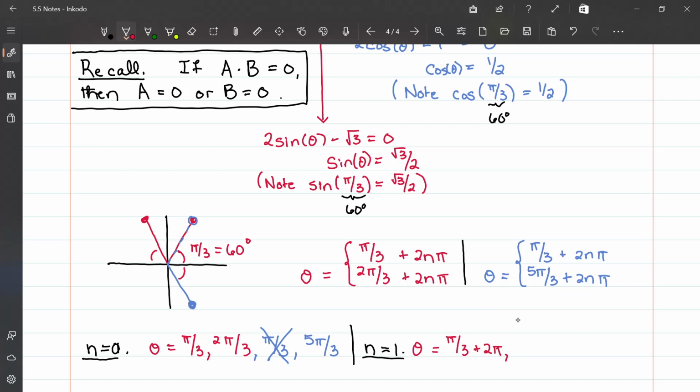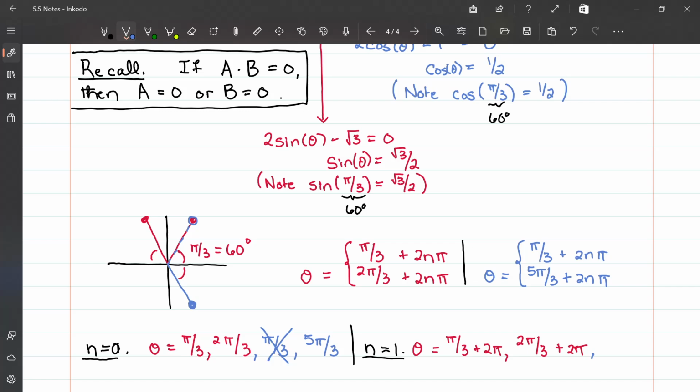That's an issue. So I'm not even going to consider simplifying this at all. Similarly, if I go into the second branch, I'm going to get 2 pi over 3 plus 2 pi, which is also bigger than 2 pi. So that's another problem. Neither of those can be considered.